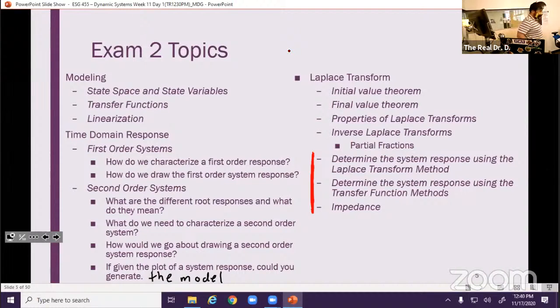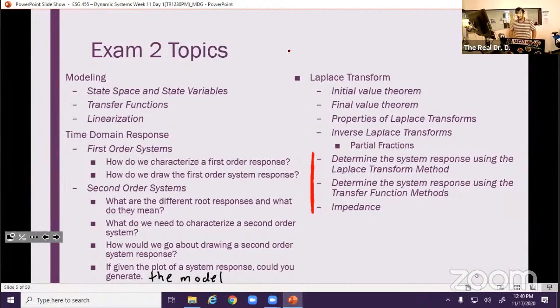For the transfer function method, it's similar, but not exactly the same. In the transfer function method, we assume zero initial conditions. When you hear transfer function, immediately say zero initial conditions. Even if you're given initial conditions and asked for the transfer function, throw them away and just use zero.